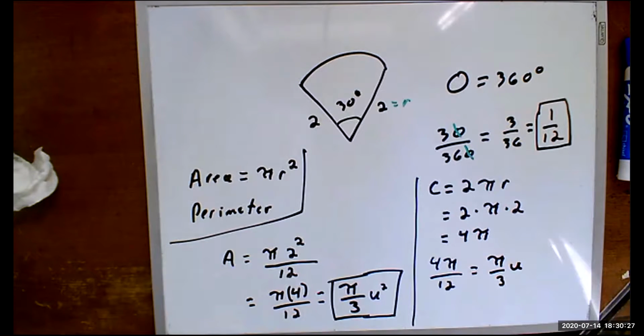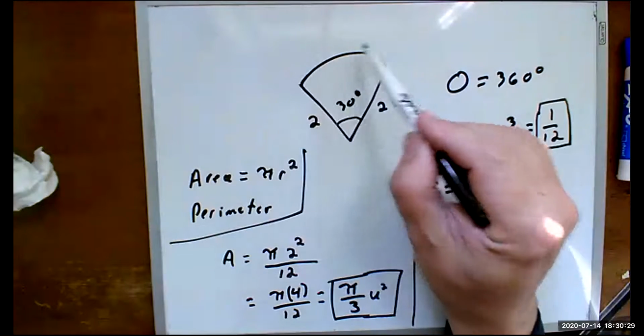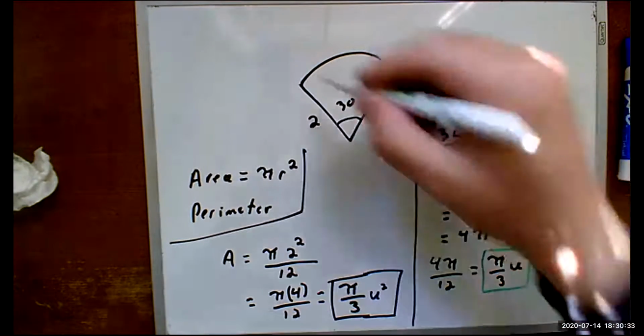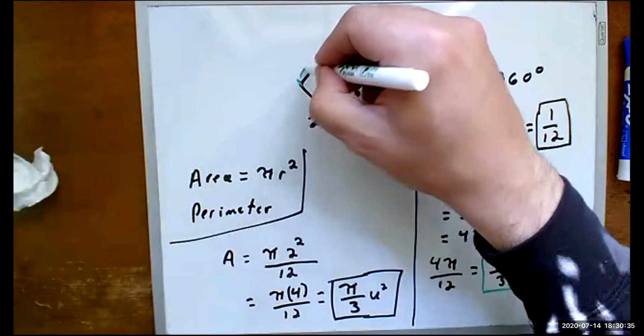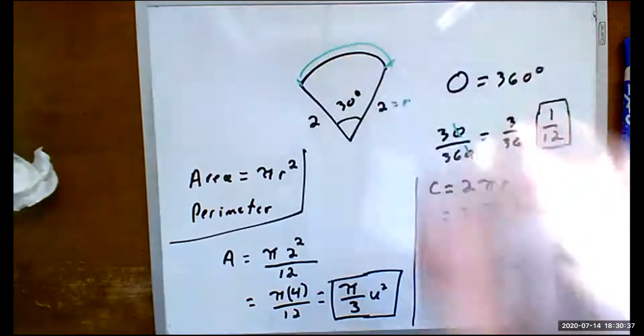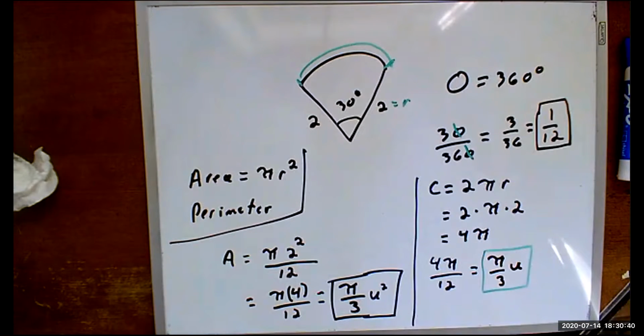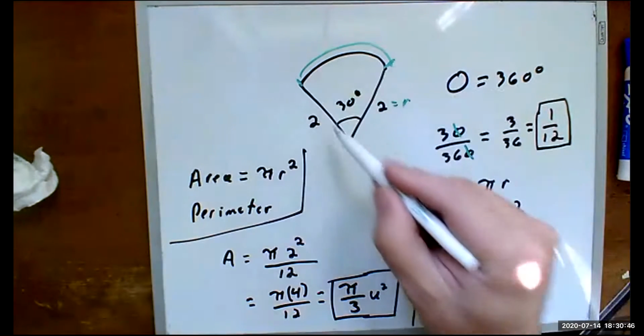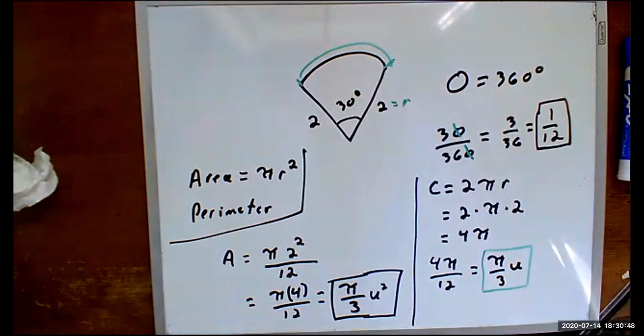We should note that is not the entire perimeter. What we have calculated with this is just from here to there. In order to find the entire perimeter, we still need to add the wedges part of our pi slice. So we need to add 2 plus 2.